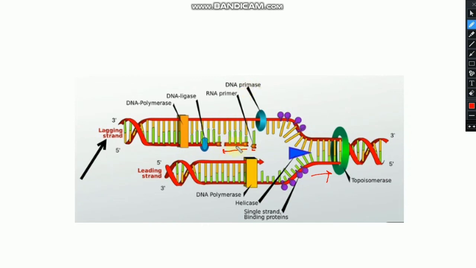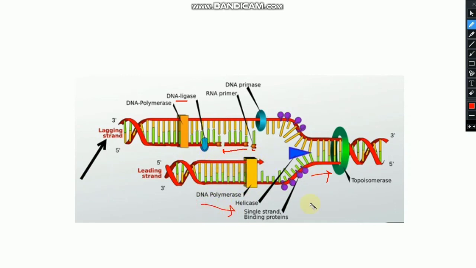Then there are some small segments, and these small segments are joined by the DNA ligase enzyme. The same thing also happens on this side, but in the opposite direction.